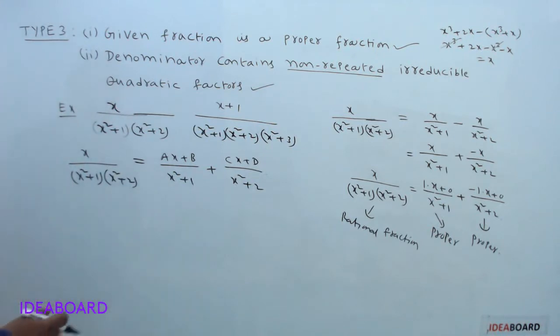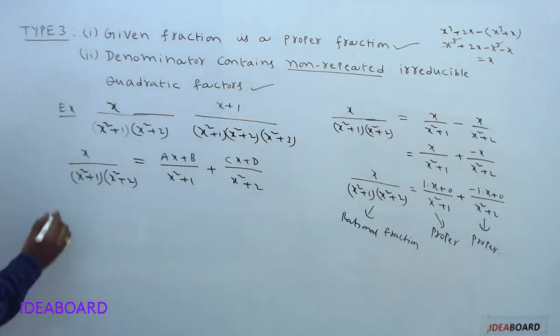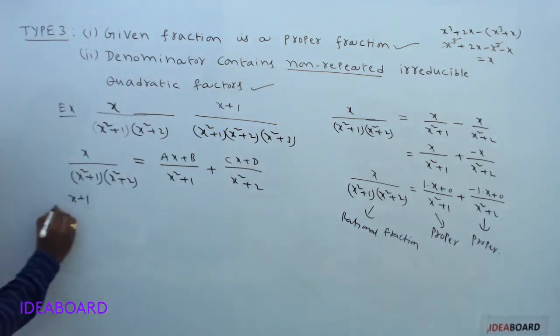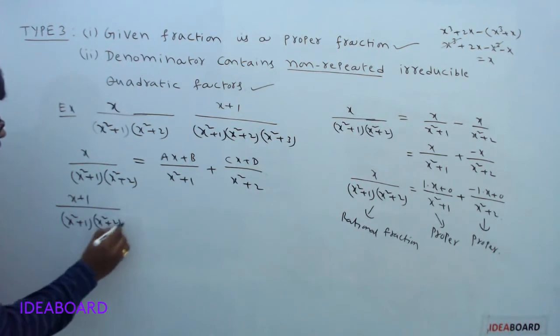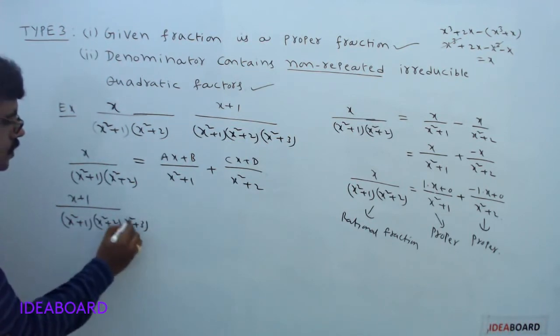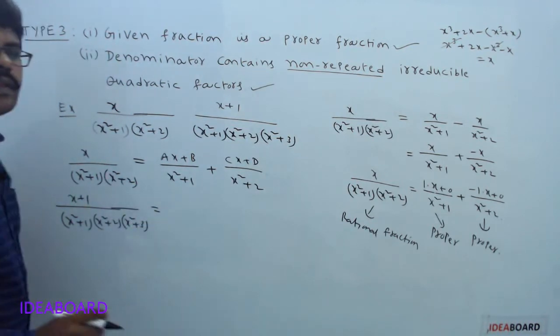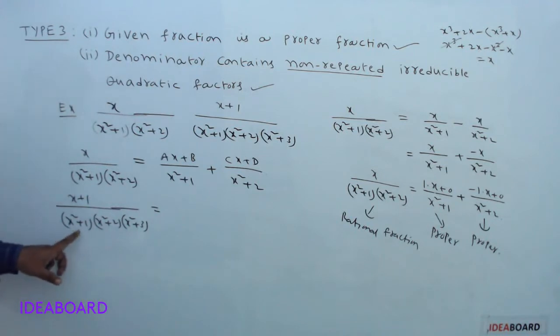Now, see one more example. Take this one: (x plus 1) divided by (x square plus 1) into (x square plus 2) into (x square plus 3). Now it is a non-repeated irreducible quadratic factor.